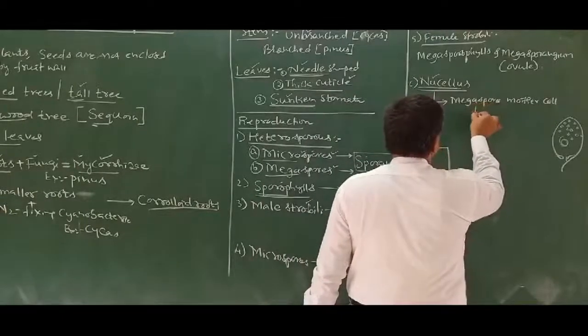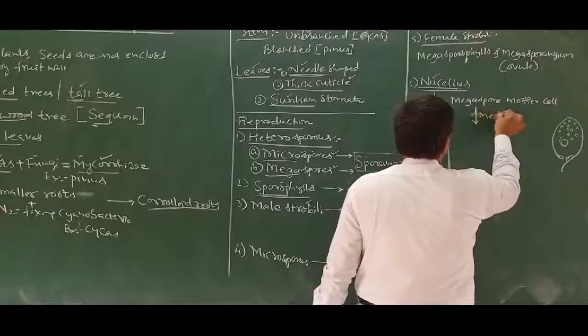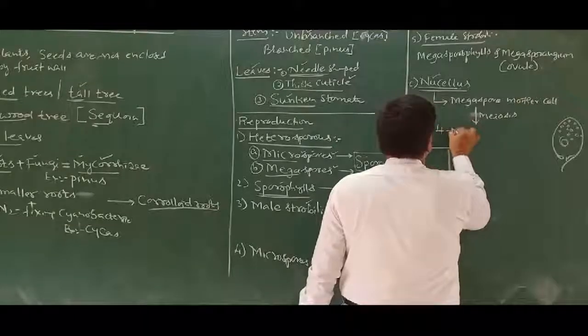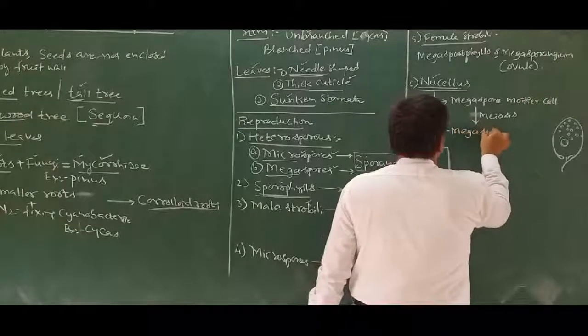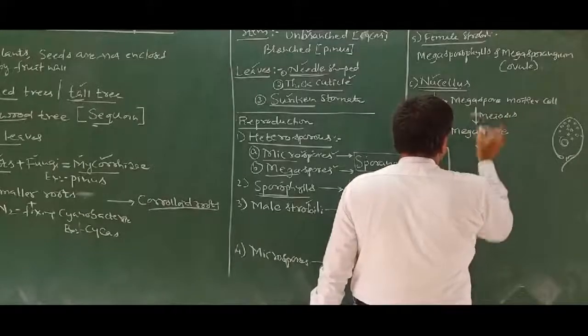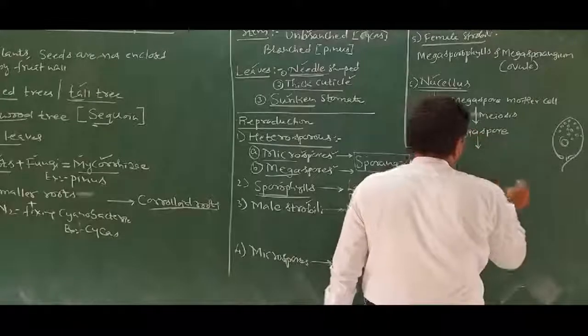This megaspore mother cell undergoes a kind of cell division known as meiosis, and there is a formation of 4 megaspores. Out of these 4 megaspores, one becomes functional. In this way, the formation of a megaspore takes place.